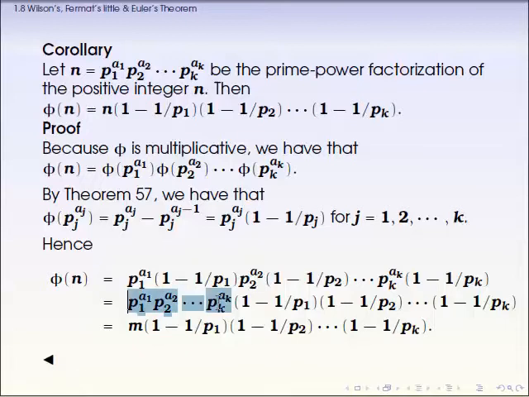Then this is actually the integer n, right? Because n is like this, right? So this is a typo, it should be n, right? So p1 to the a1, p2 to the a2 up to pk to the ak is simply n, and n times the remaining parts of it. That's how we got this formula.